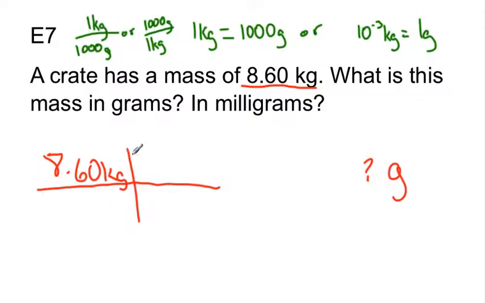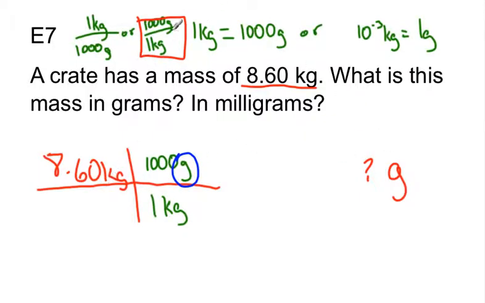Well, we look here, I need kilograms on bottom. So if I use this one right here, plug that in, 1,000 grams for 1 kilogram. I have kilogram divided by kilogram. Hey, the only unit I have left would be grams. And that's exactly what I want.